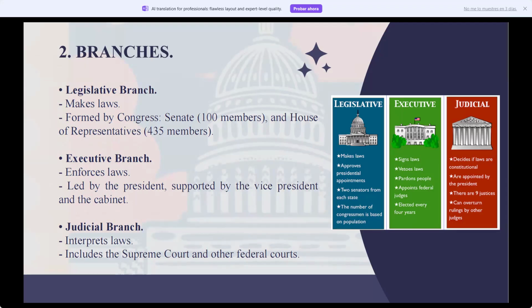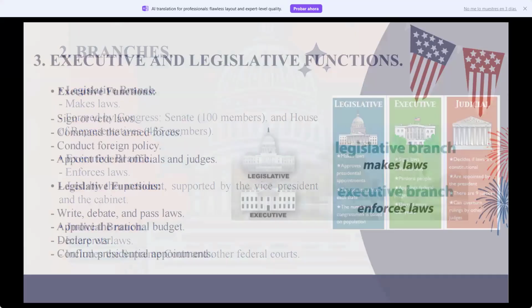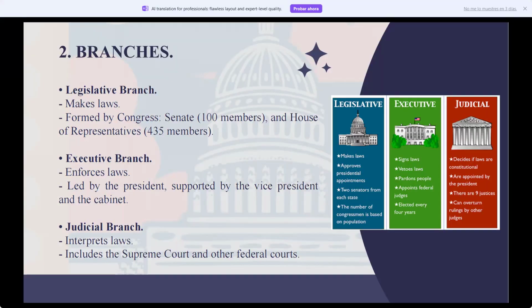Its main job is to enforce the laws. And the last one, the third branch, is the judicial branch, which includes the Supreme Court and other federal courts. They interpret the laws and decide if they follow the Constitution.